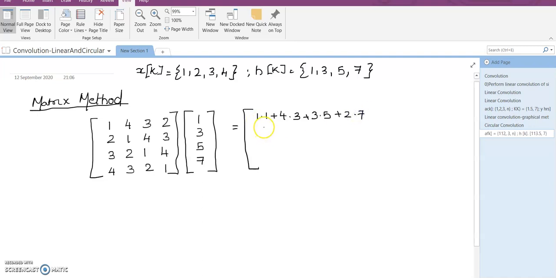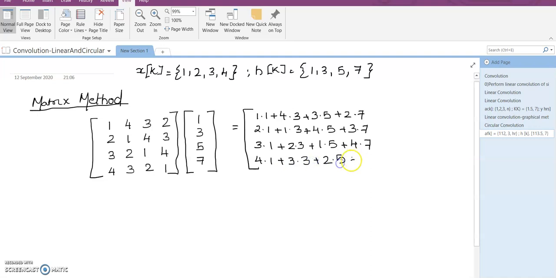Then 2.1 plus 1.3 plus 4.5 plus 3.7, and 3.1 plus 2.3 plus 1.5 plus 4.7, and the last row, 4.1 plus 3.3 plus 2.5 plus 1.7.